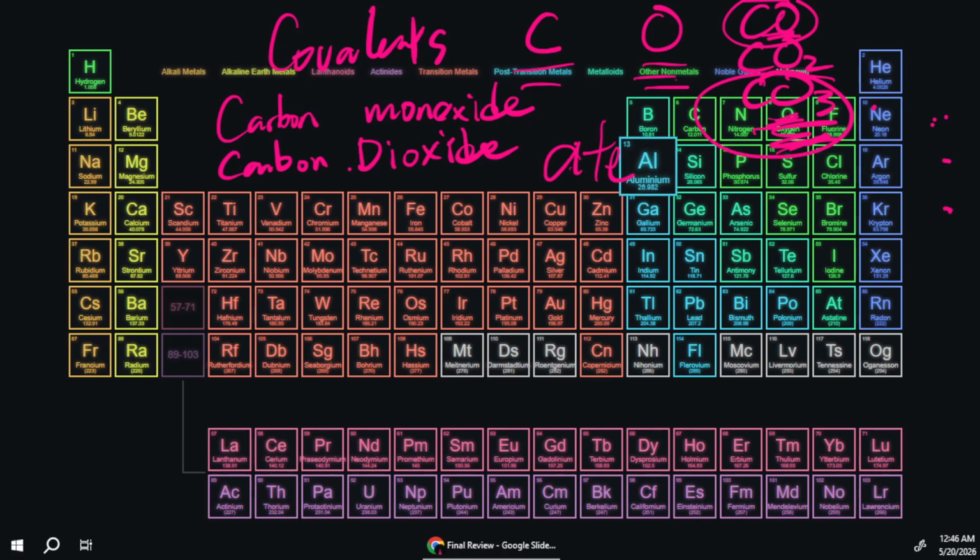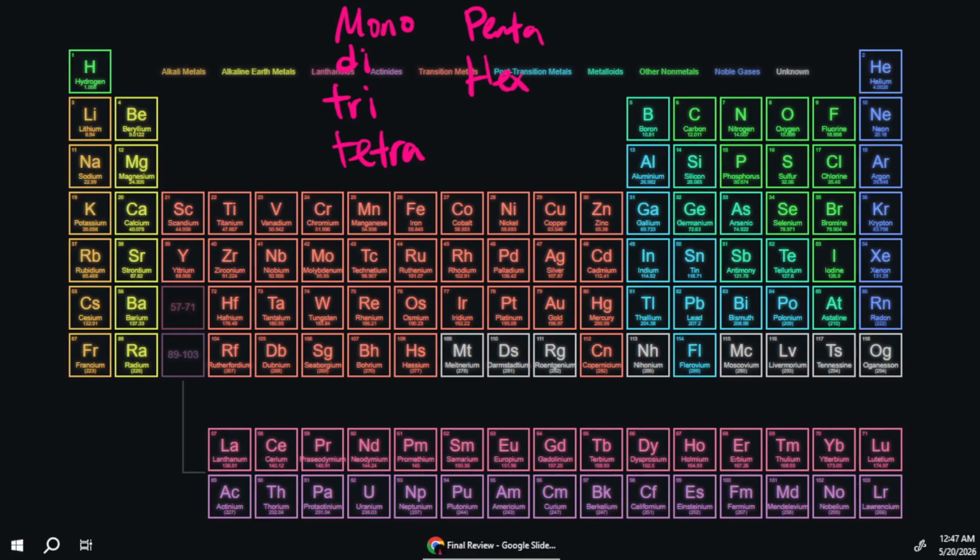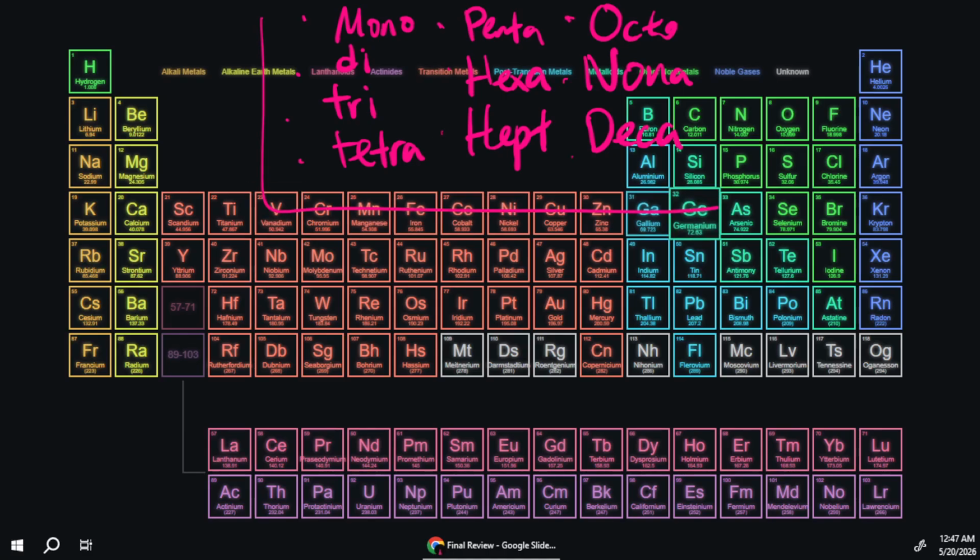Naming gets a little confusing, but just remember if something contains mono, di, tri, tetra, penta, hexa, hepta, octo, nona, and deca, that's 1, 2, 3, 4, 5, 6, 7, 8, 9, 10 in chemistry.